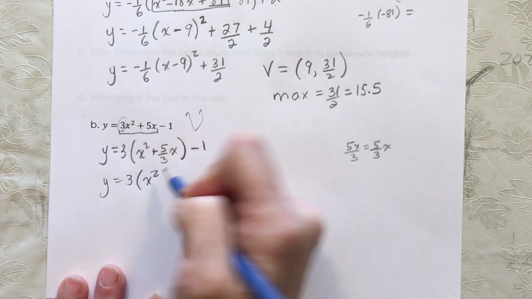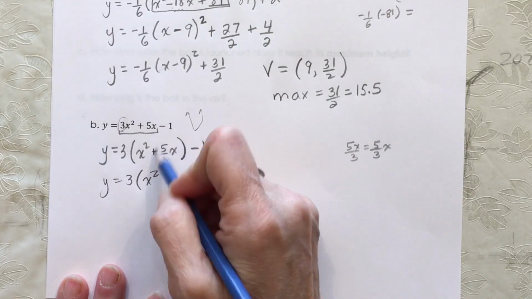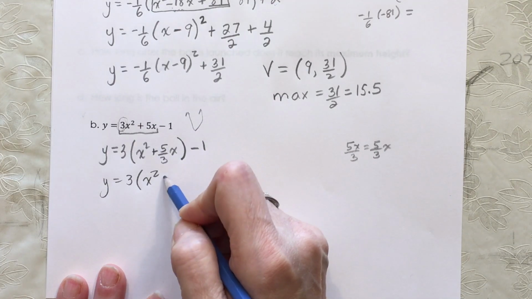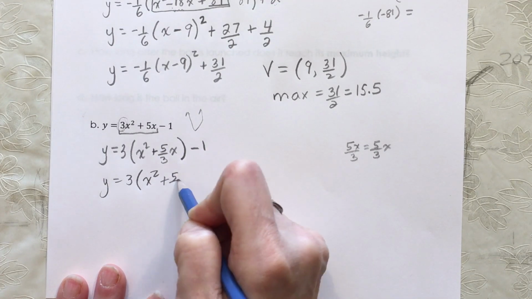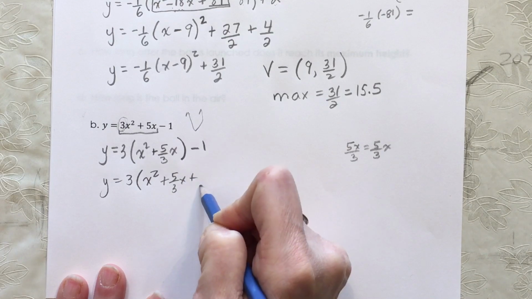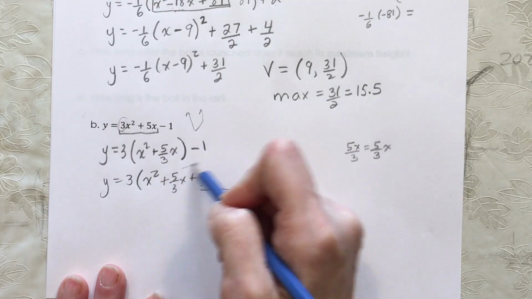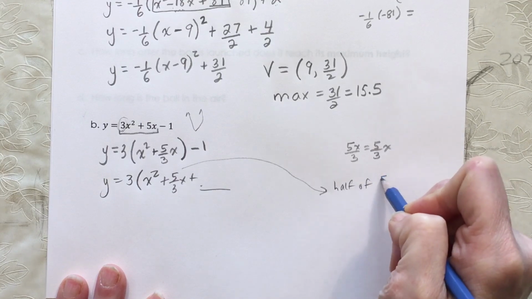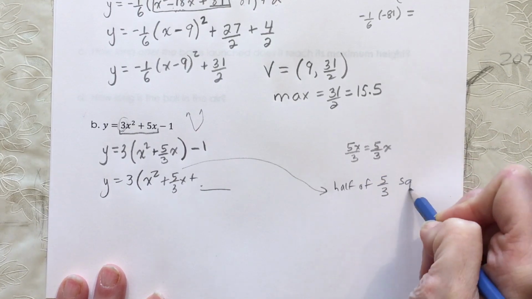Now we have to take half of 5/3 and square it. To complete the square, I need a number in here, and that number is half of 5/3, squared.